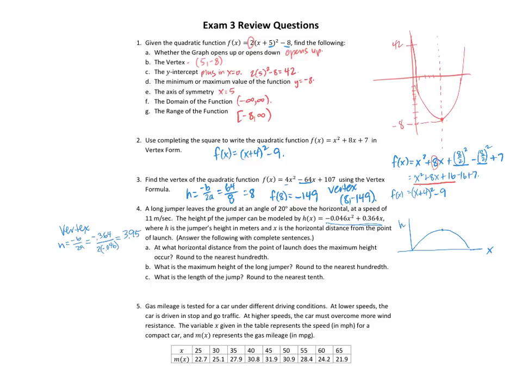Let's say round to the nearest hundredth. 3.956, so that's 3.96. So this happens at 3.96, where that vertex is. And then what is the maximum height? So I can take that and plug it into my height function.